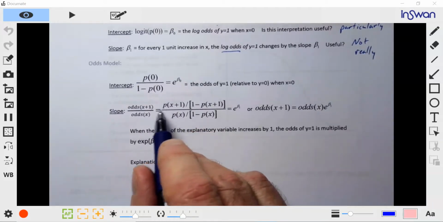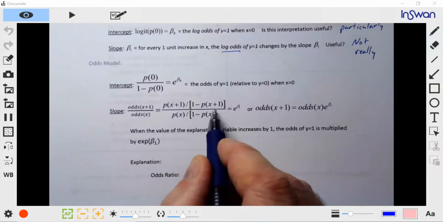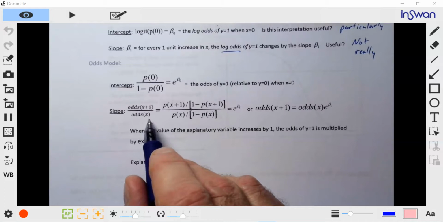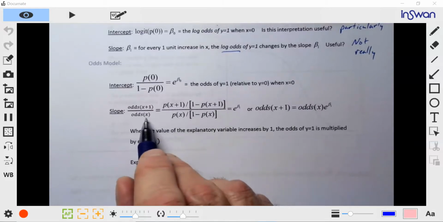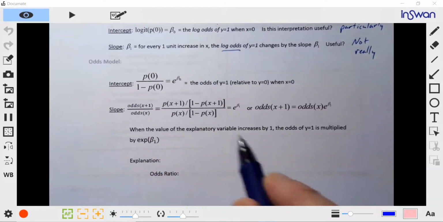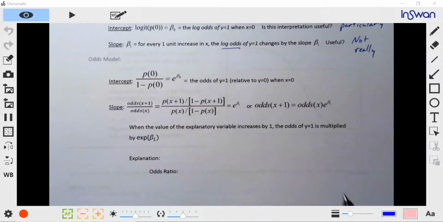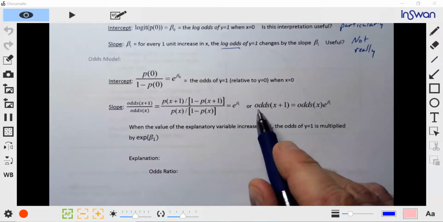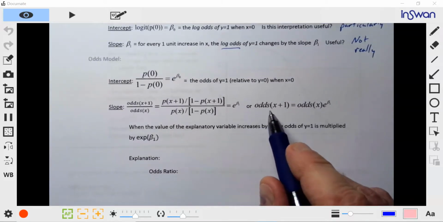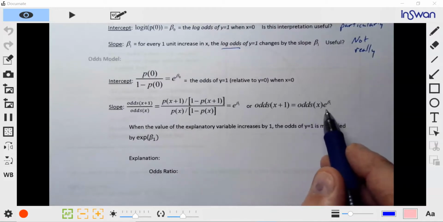The odds when we're using x plus 1 is p of x plus 1 over 1 minus p of x plus 1. The odds when we're using x is p of x over 1 minus p of x. That ratio is equal to e to the beta 1. Or another way of thinking of that is that the odds at x plus 1 is the odds at x multiplied by a factor of e to the beta 1.